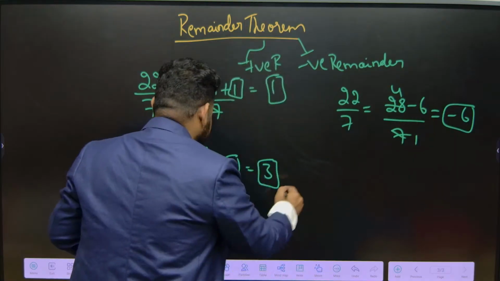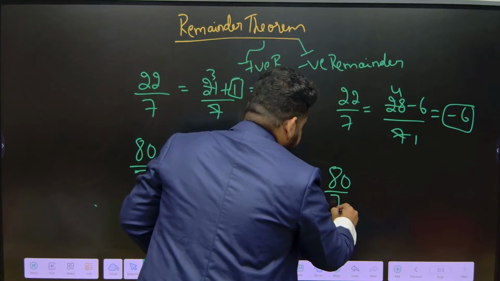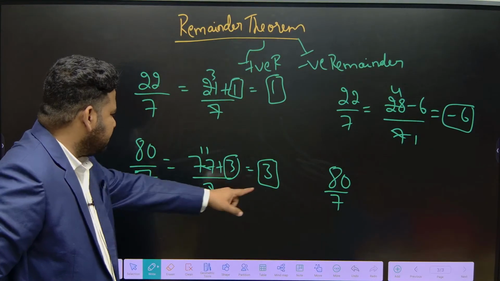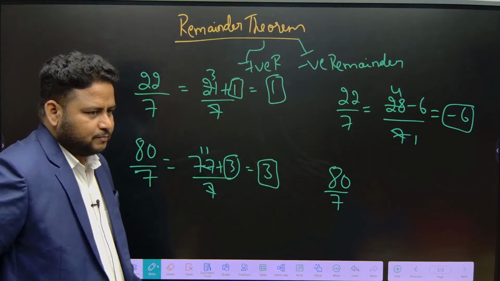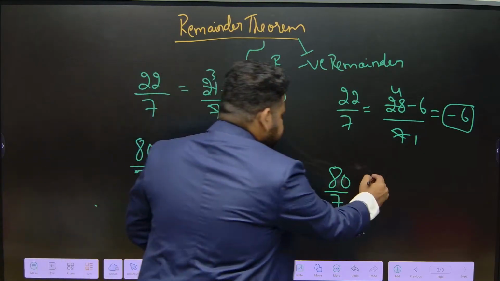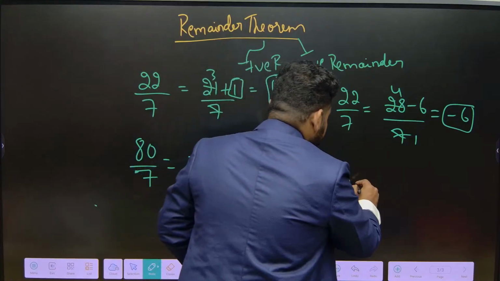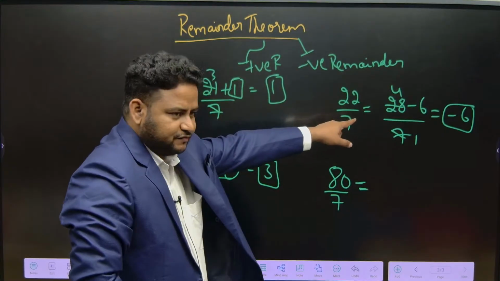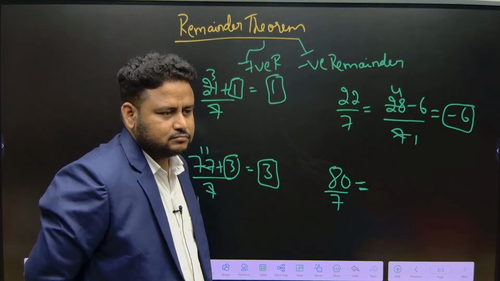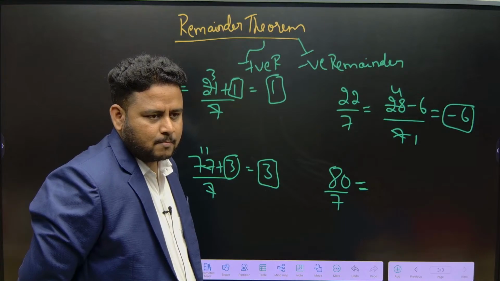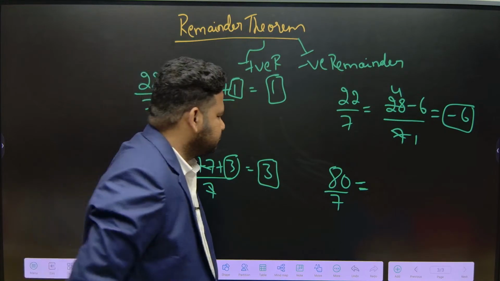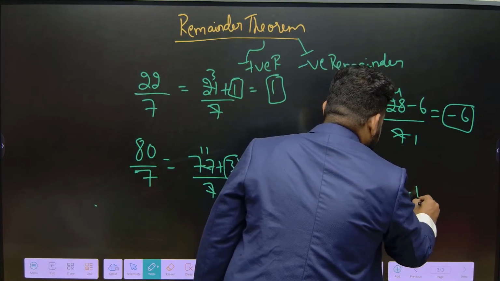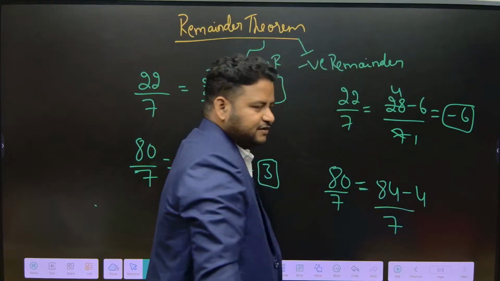Now let us take this 80 and 7. I can write 80 in terms of a multiple of 7 as 84 minus 4.